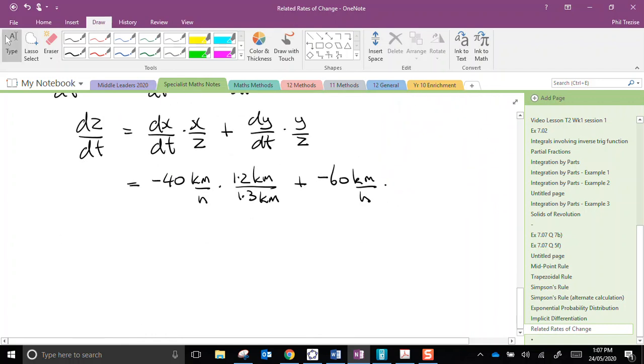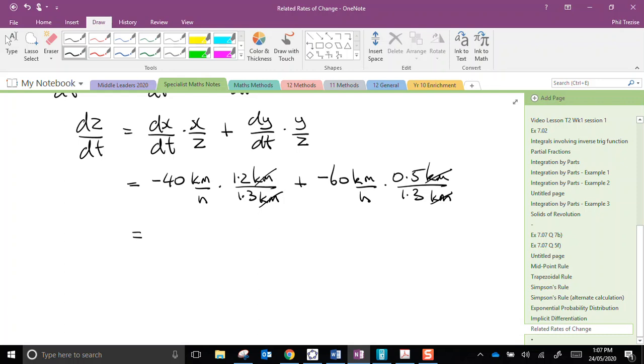Y equaled 0.5 kilometres. Z was 1.3 kilometres. The distance units cancel on these ratios. We'll end up adding together two things that are both kilometres per hour. It's important when we add terms that they have the same units.